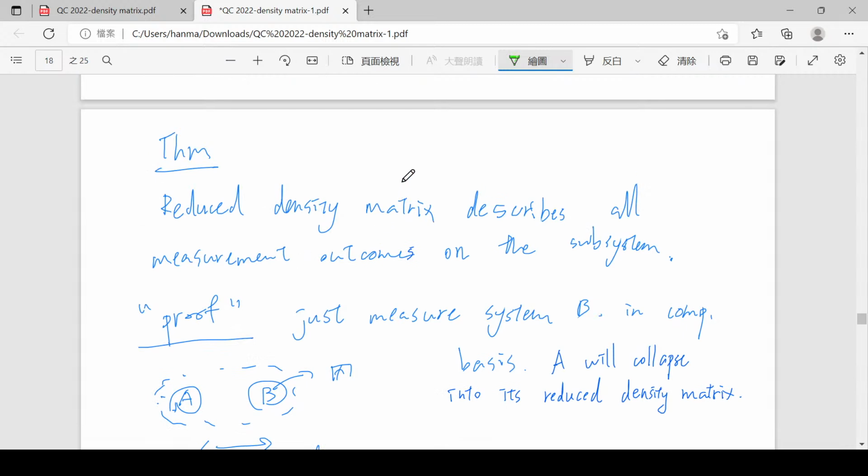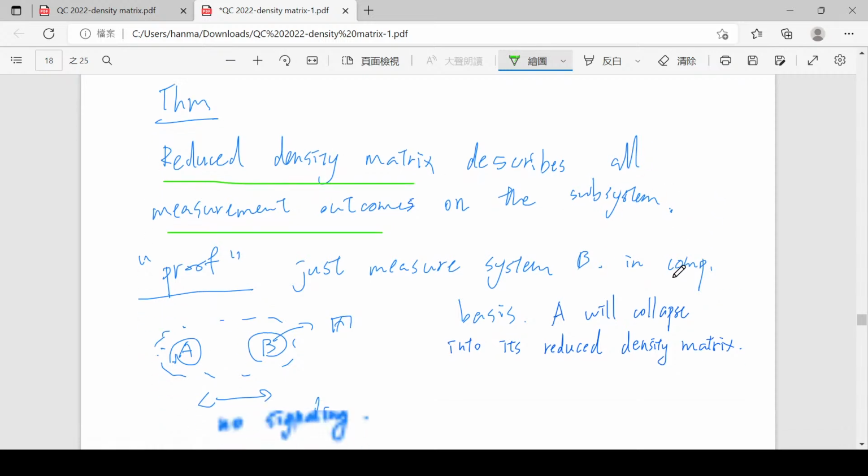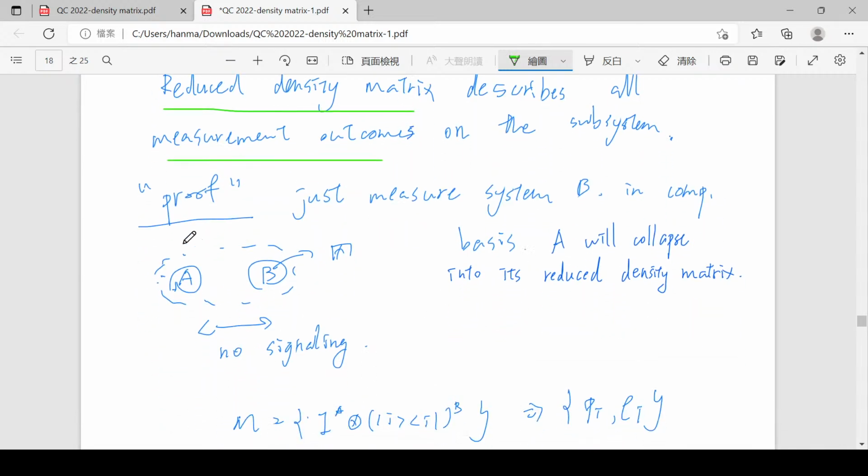So the first thing we want to check is that the reduced density matrix describes every measurement outcome of your subsystem. Once again, the setting is you have system A and system B, and they have a global, maybe entangled state.